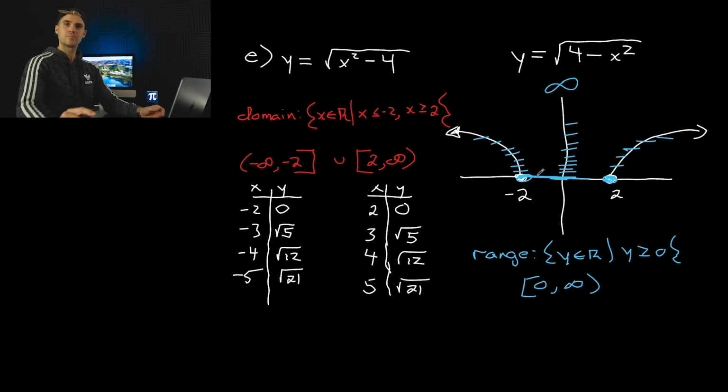All right, so a bit more of a complex relation, but same process. You're trying to find out when that expression under the square root, that x squared minus 4, is going to be greater than or equal to 0. Find the domain, and then make a table of values so you can see the behavior of the y values. And so you end up with a diagram like this, and you get your range.